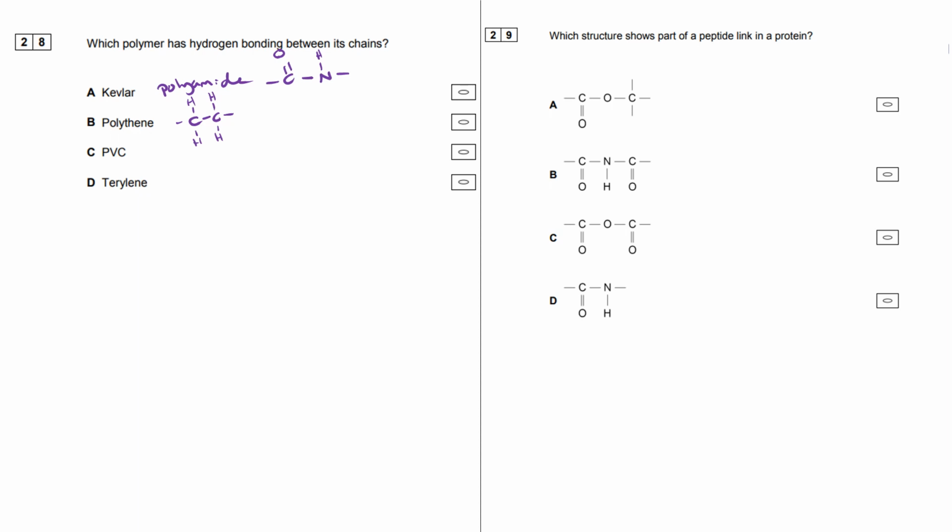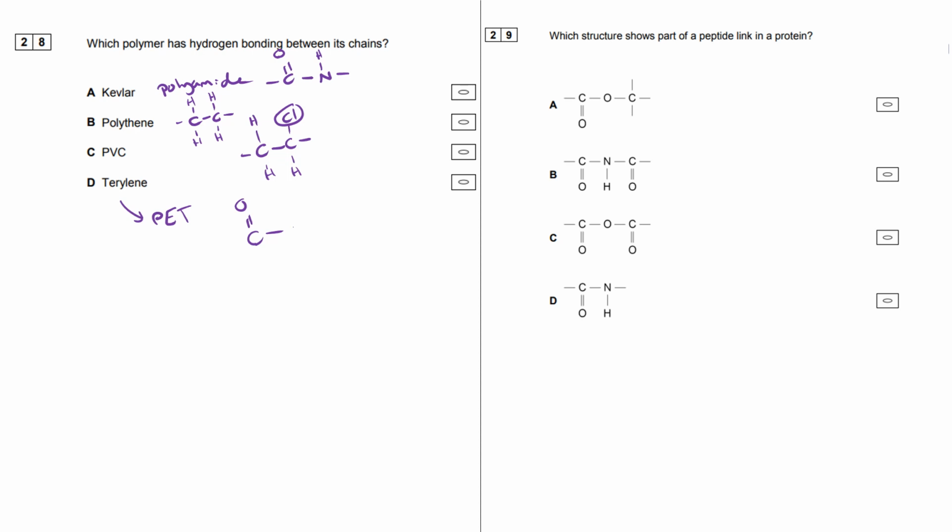PVC, you should be aware, is polyvinyl chloride or polychloroethene, so your repeat units for PVC. It's an addition polymer, just like polythene, but you're going to have a chlorine bonded instead of a hydrogen. And finally, terylene or PET is an example of a polyester.